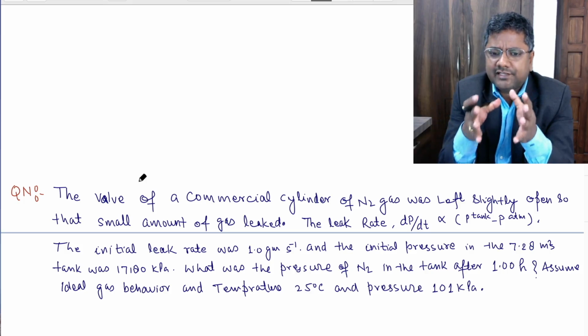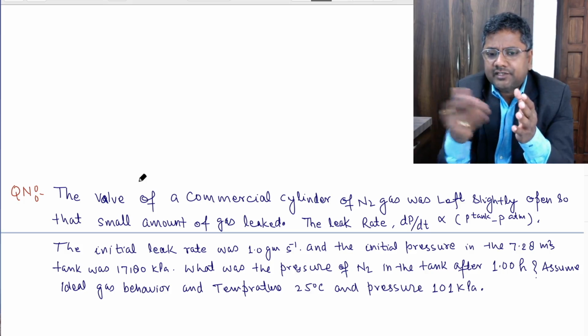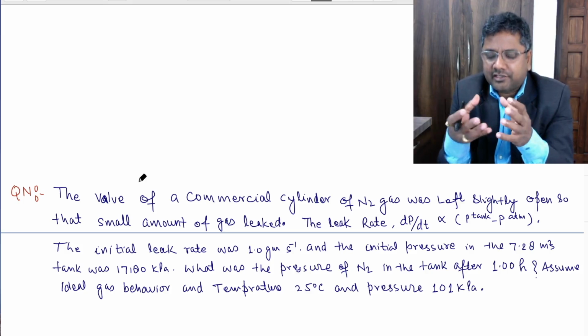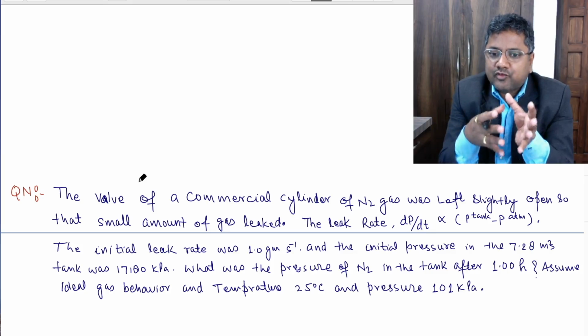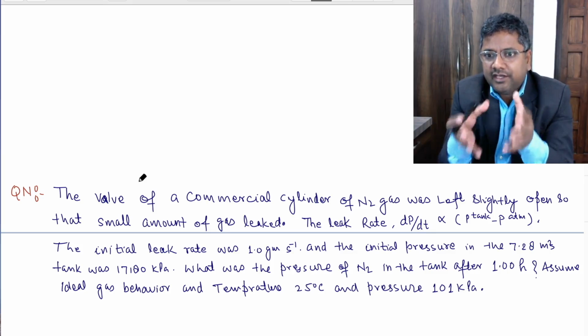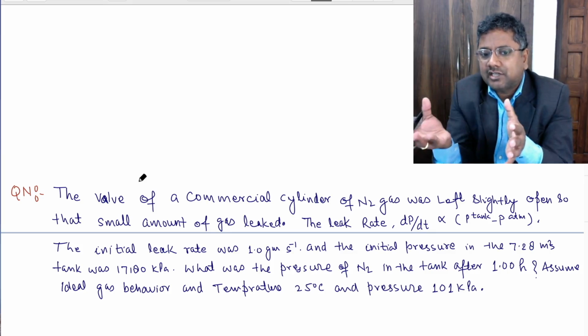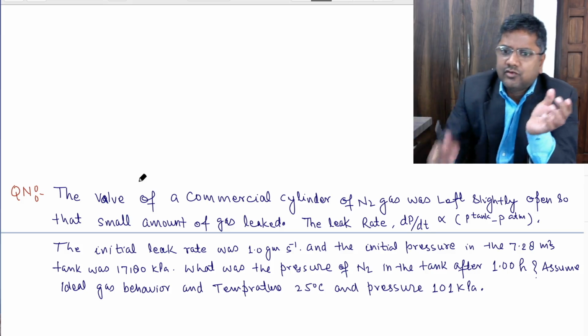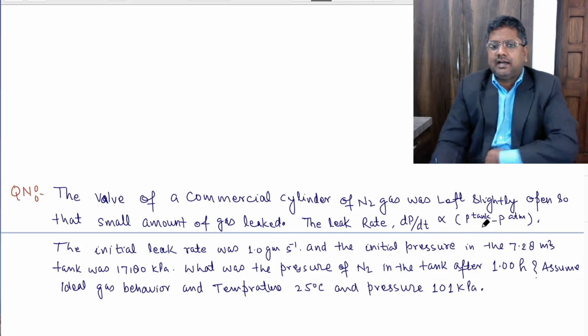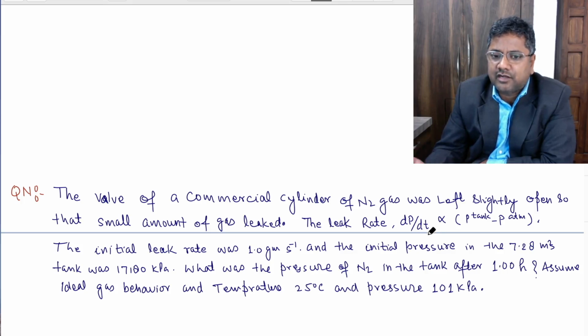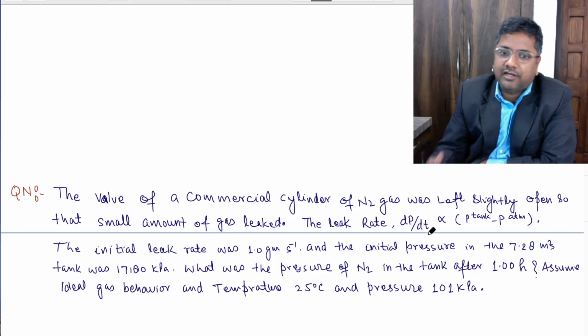When you take some gas in the cylinder and it is coming out, definitely the leak rate is not directly proportional to the pressure inside the cylinder. This is always the difference of pressure of system and surrounding. So if the pressure of the gas inside the tank is more than atmospheric pressure, then the gas will leak out from system to surrounding, and if it is less, then from surrounding to system.